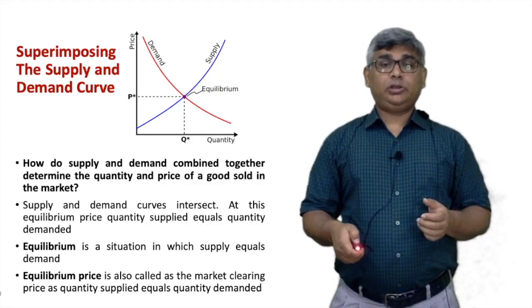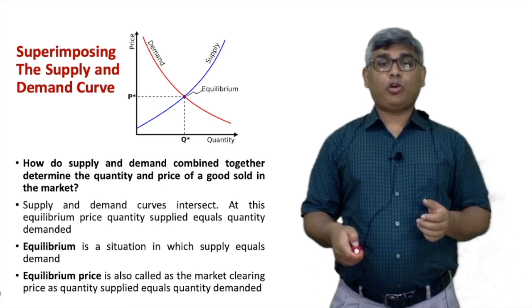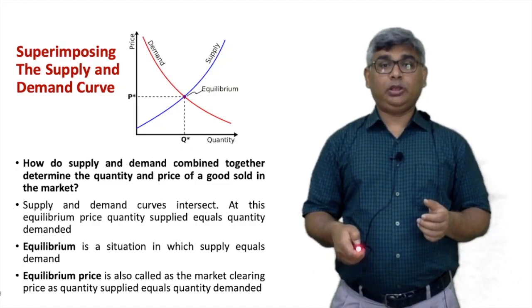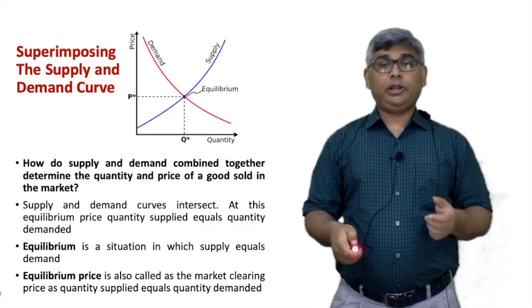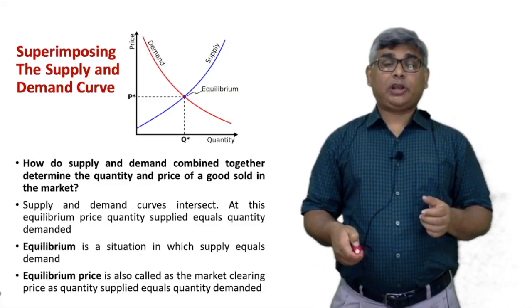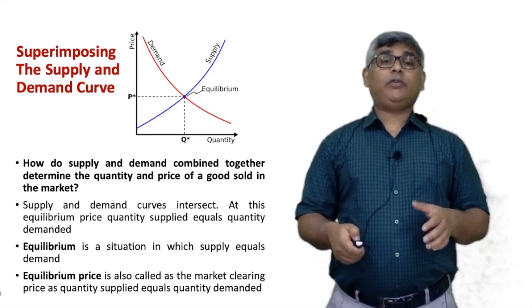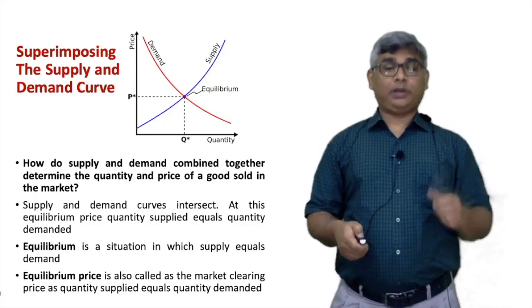Demand curve means whenever the price falls, the quantity demanded will experience a higher demand, and whenever there is a price rise from the supply point of view, the quantity supplied will increase at a higher price.